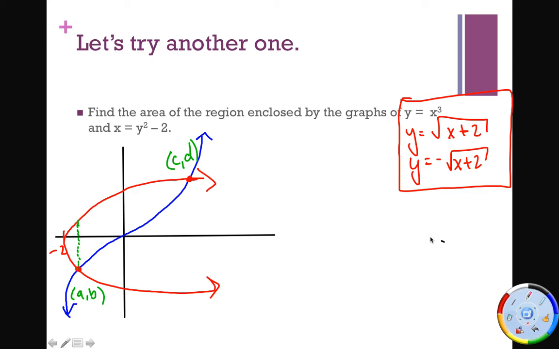Now, we could do this. We could find the area between the red and the blue first, and then find this little area down here. And technically, that's not super challenging here.